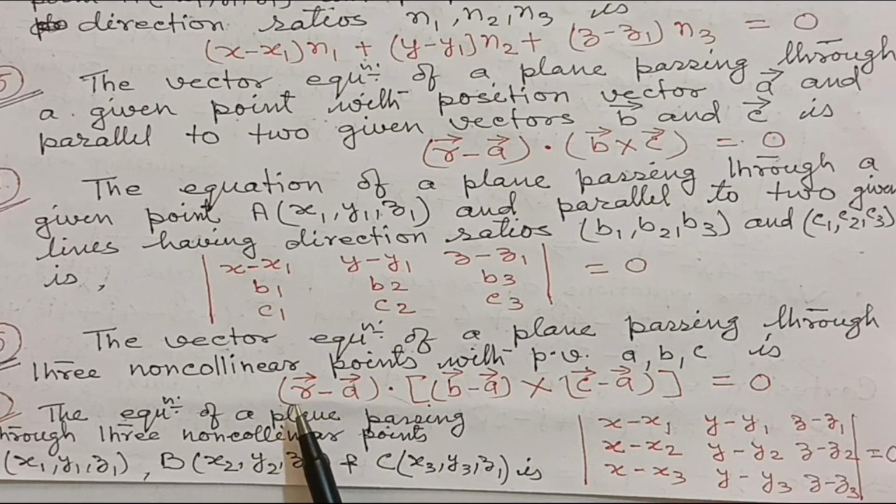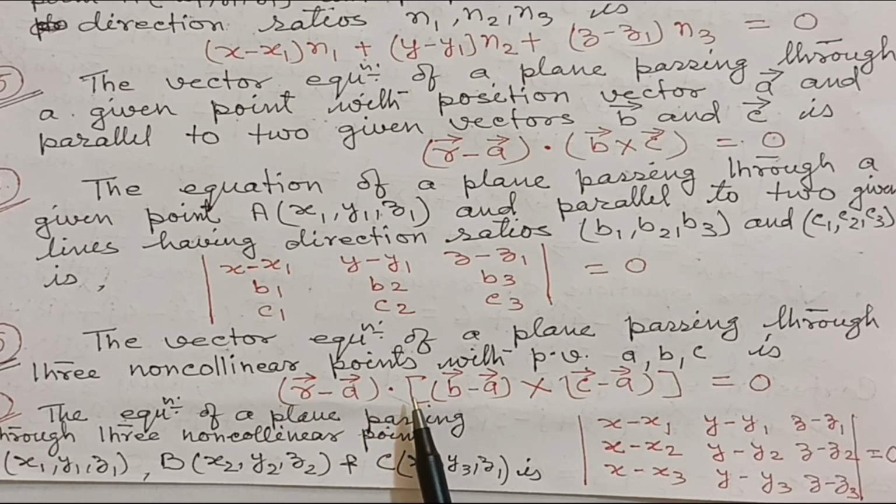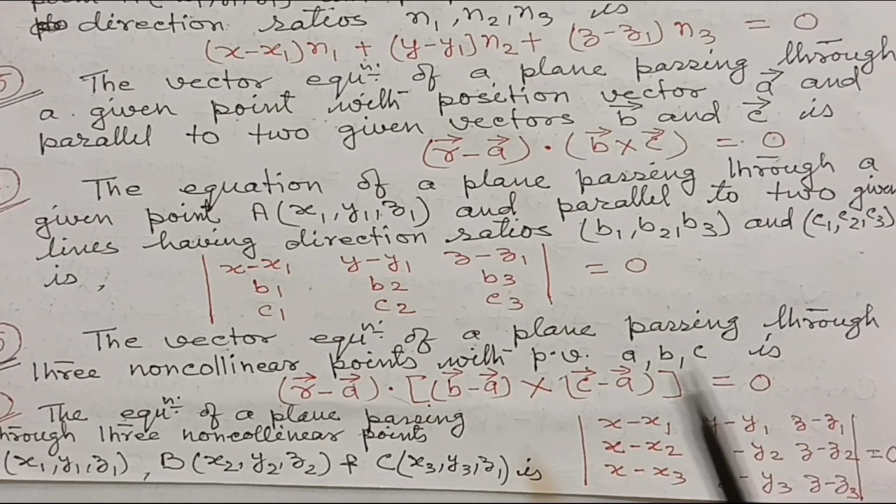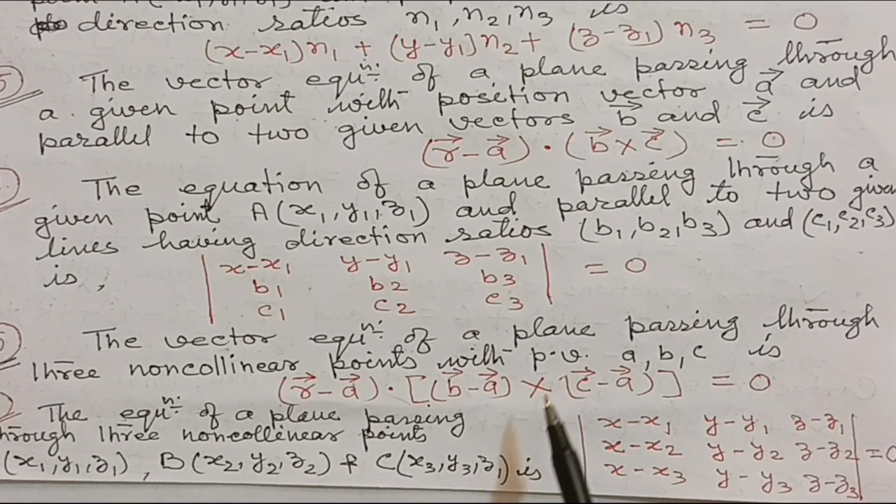It is (vector R minus vector A) dot (vector B minus vector A) cross (vector C minus vector A), that is equal to 0. It is very important.